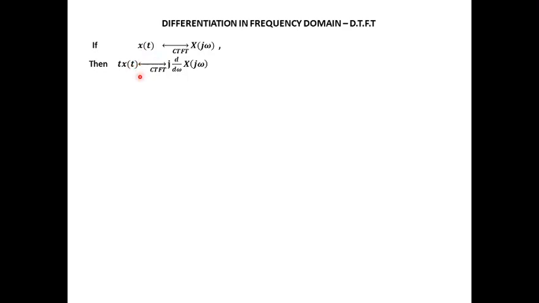This property is also called multiplication in time domain, because if your signal is multiplied by a time factor t in the time domain, then in the Fourier domain it gets multiplied by j and differentiated with respect to ω. That is why this property is called differentiation in frequency domain, or also multiplication in time domain. The proof is very simple.